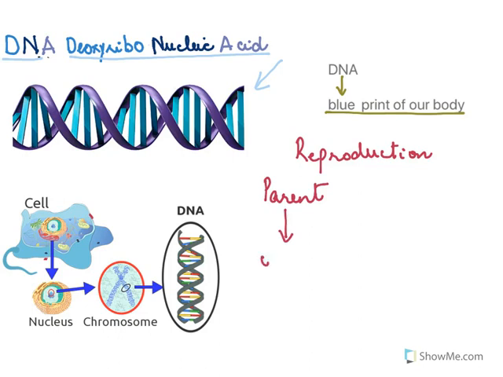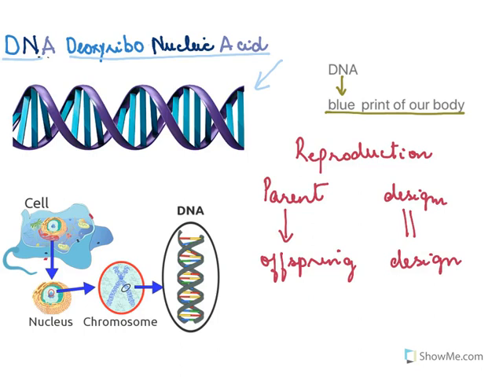The parent will produce an offspring which has a similar design. So the design of the parent is the same as the design of the offspring. It's similar, not exactly the same, but it is similar.